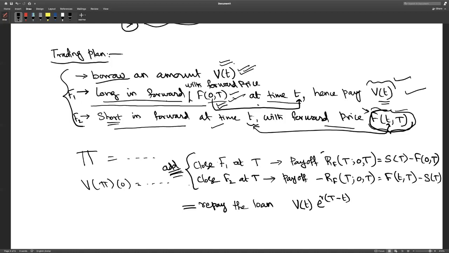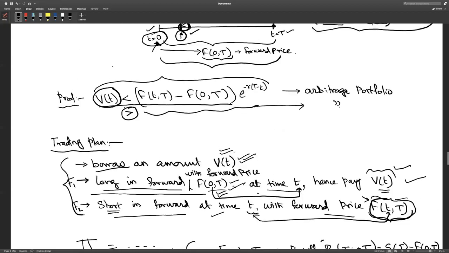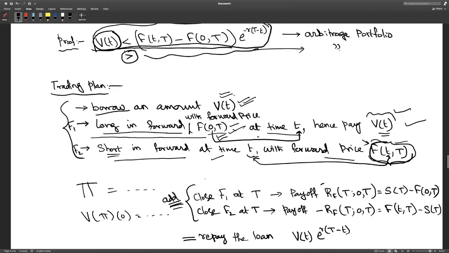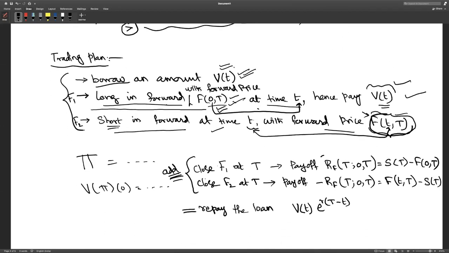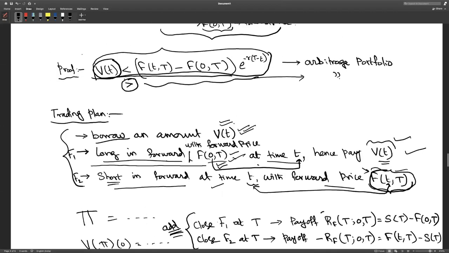You show that that is a positive number by assuming this inequality, so that you can easily see. Therefore your portfolio is an arbitrage portfolio, so this will not be possible. Now similarly, you take the greater than case, and again a similar but reversed strategy you can adopt and prove the same thing. I will leave it to you to complete this proof also.